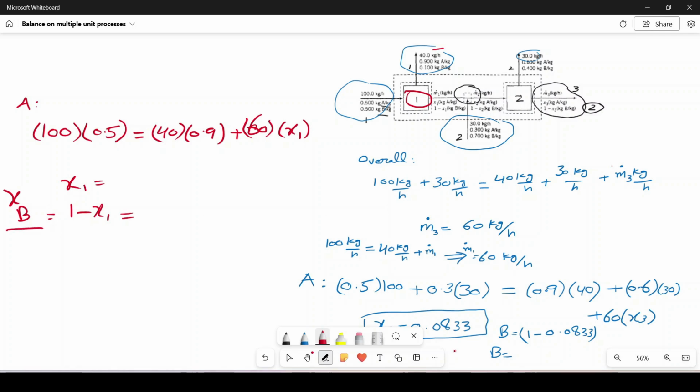When you have these values and data, then for this mixing point the degree of freedom will also become 0. Why? Because then you have only two unknowns, m2 and x2, and you can write two independent equations and solve this particular mixing point. So in this way you can solve very complex problems, but you have to solve them systematically.